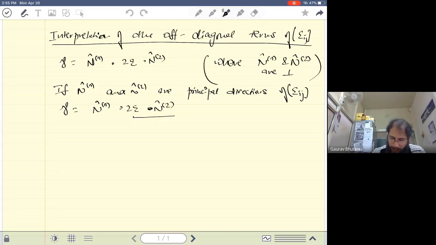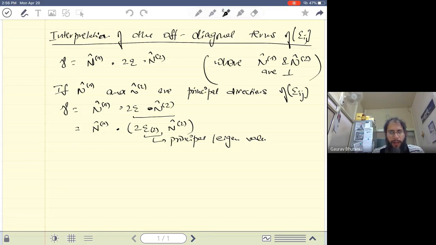So what that means is this simplifies to twice epsilon 2, where epsilon 2 is the principal value or eigenvalue.